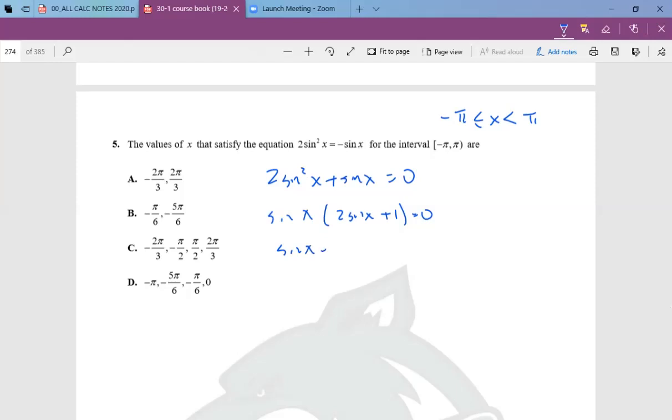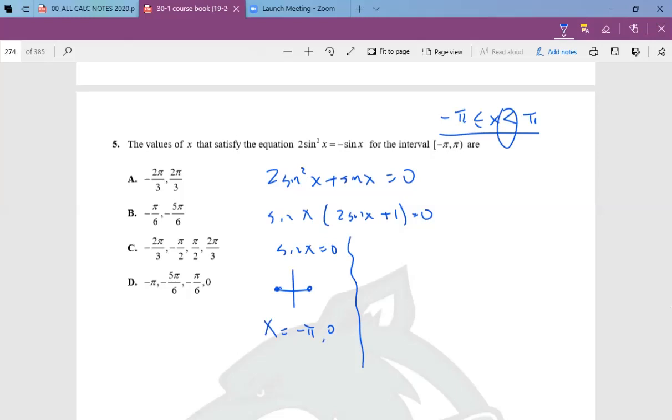From sine x equals 0, we get those are our solutions. We're going from -pi to +pi. So x equals -pi, 0. It's not quite equal to +pi, right? It's strictly less than pi, so that's going to be it for that half.